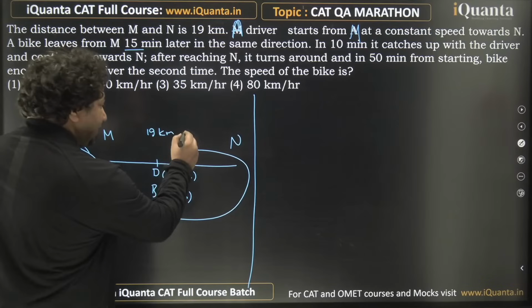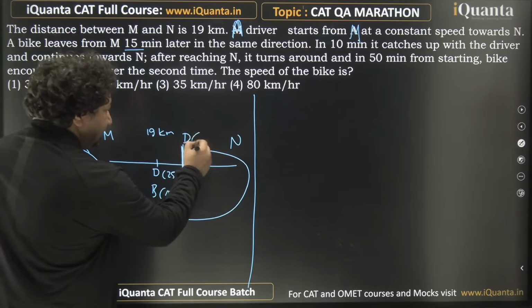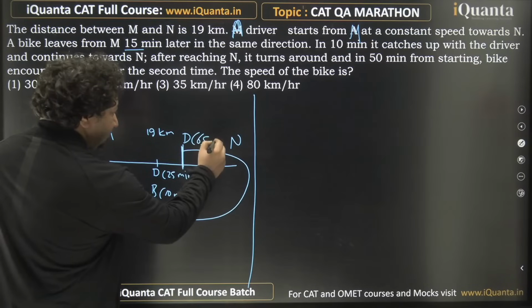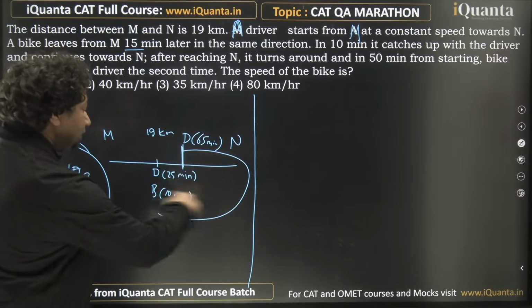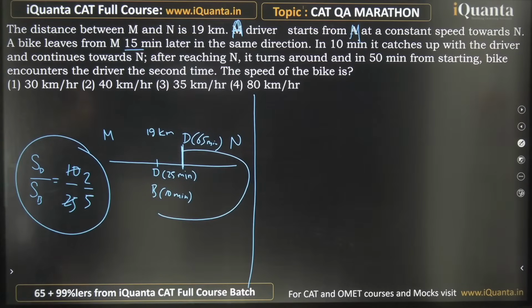That means the driver has traveled for 25 plus 40 is 65 minutes now. Can we say that? The driver has traveled 65 minutes and the biker has traveled overall for how much? 50 minutes. Right? Is that right?